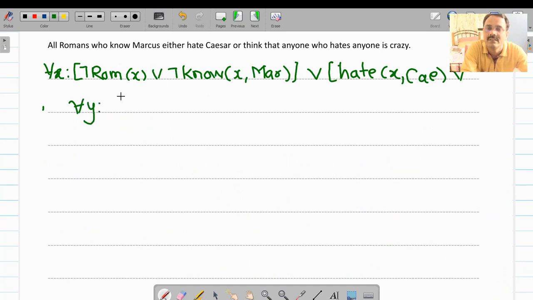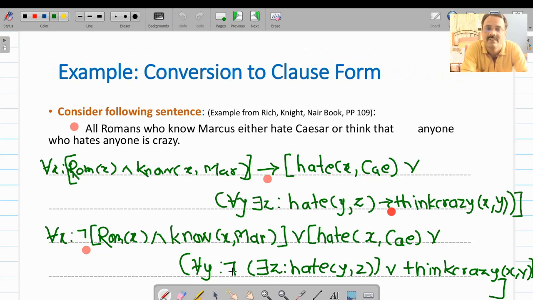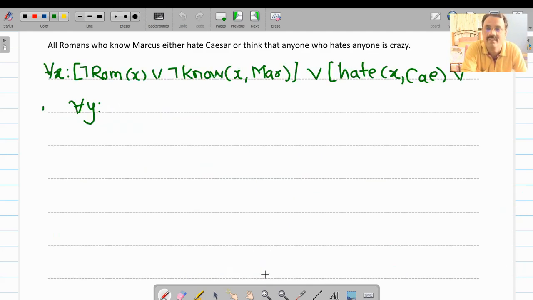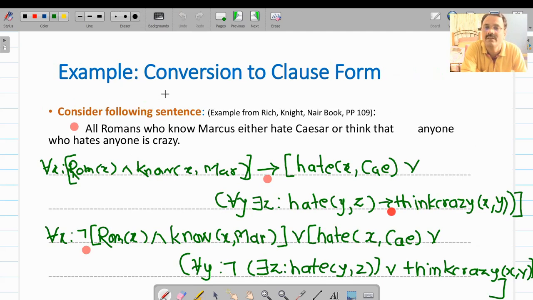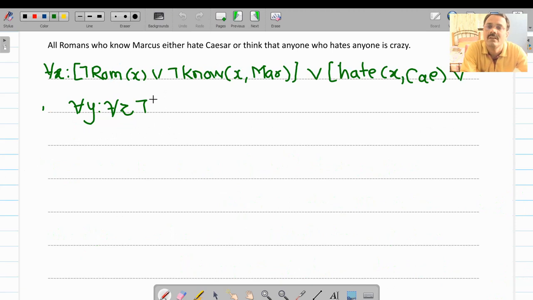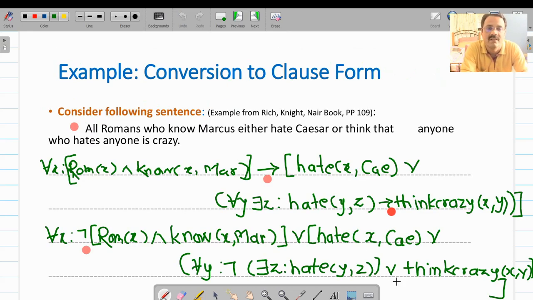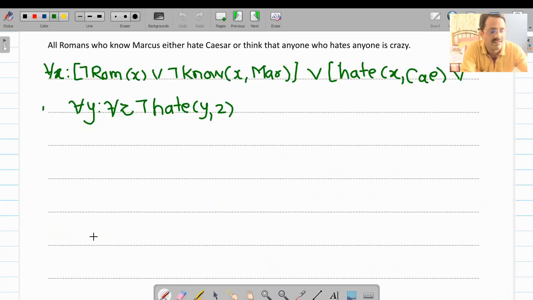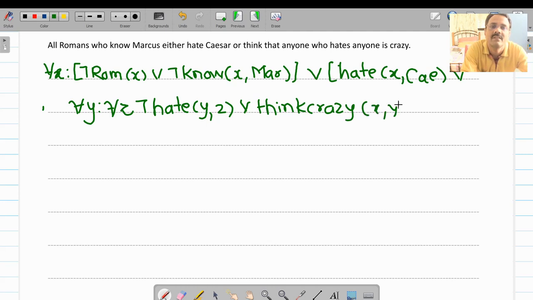Now after this we have there exists z, not of the whole thing, so we apply De Morgan's law and this will become for all z, with the scope of not on the individual predicate: for all z, not hate y z, remaining formula as it is, or think crazy x comma y.